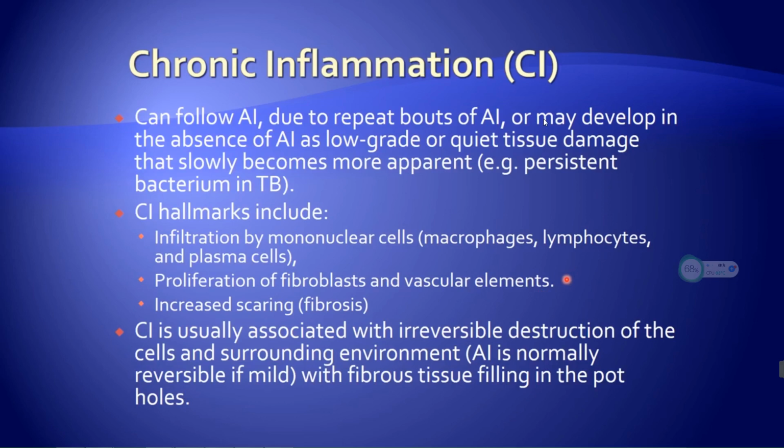These two processes are happening at the same time, but without resolution. That's the whole problem. So when we're looking at fibroblasts coming into the scene, and these vascular elements, think granulation tissue. Not always, and we'll see that with tuberculosis. It doesn't always involve granulation tissue, but nevertheless, this is one of the hallmarks of chronic inflammation.